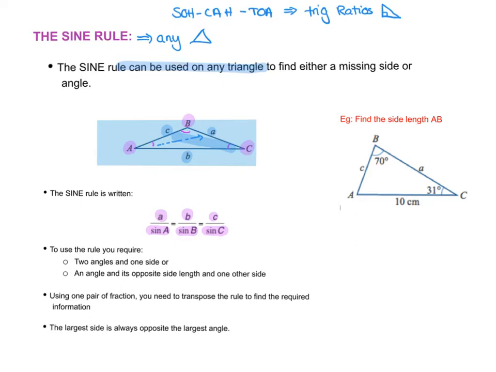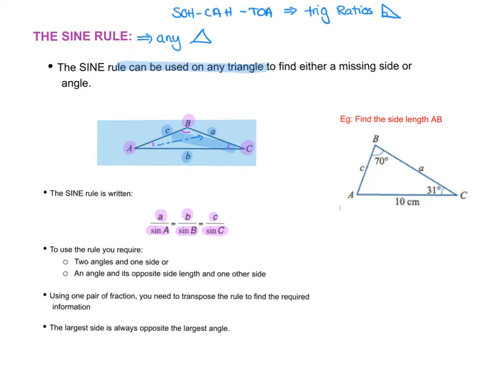For example, we might use these two to solve the problem, or these two, or that A and that C. It all depends on what we've been given and what we're trying to find out.